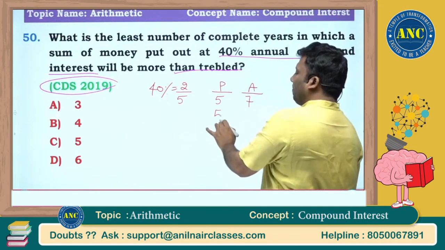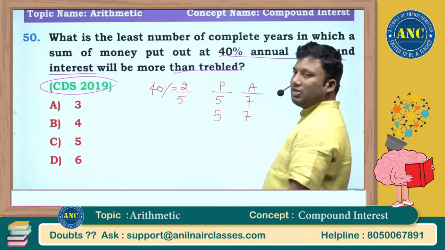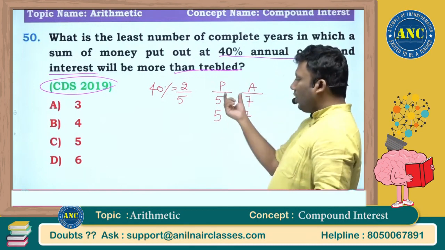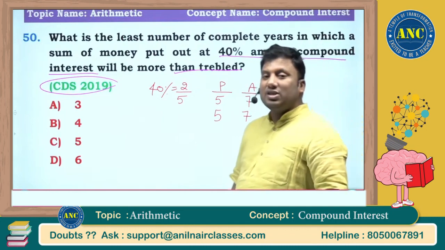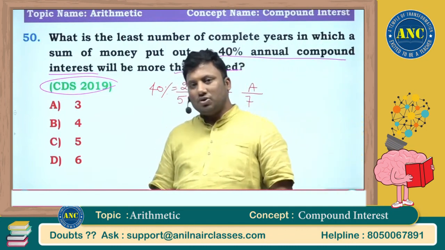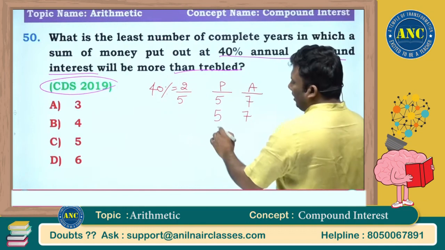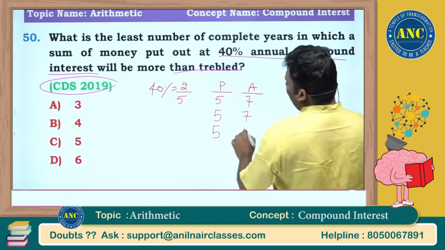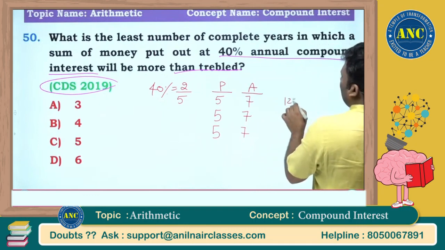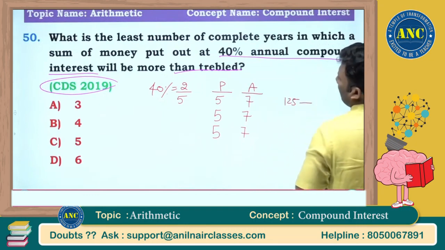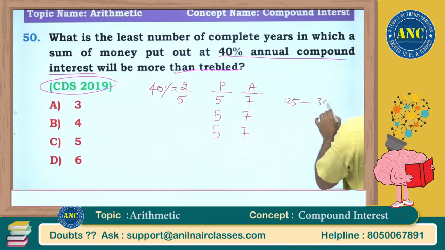Second year, 25 became 49. Is 49 more than 3 times 25? No. Third year, 125 is becoming 343.